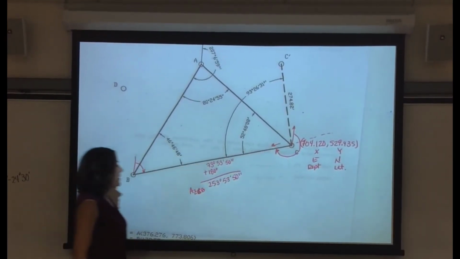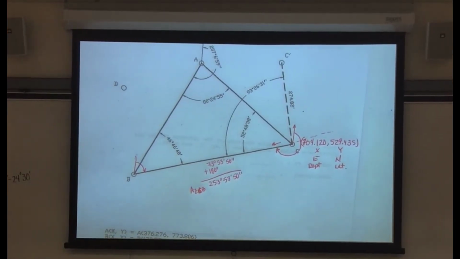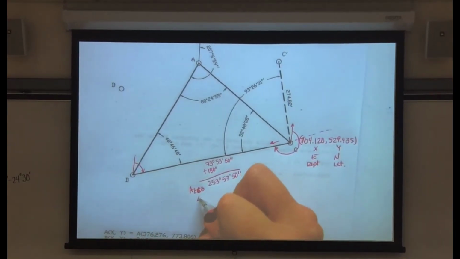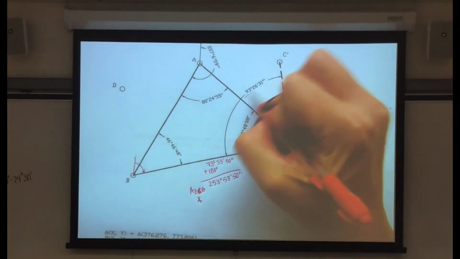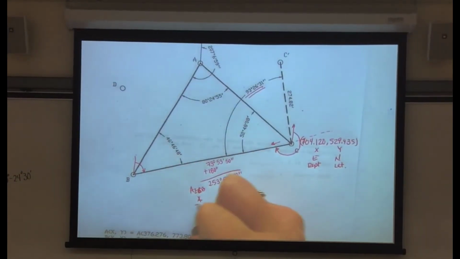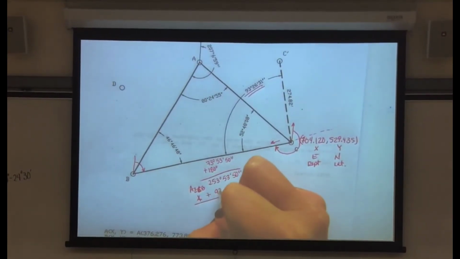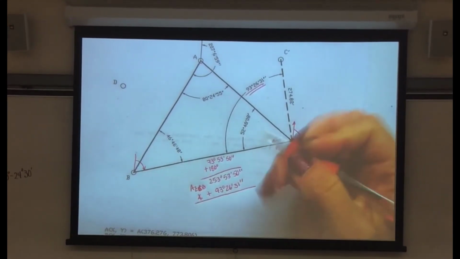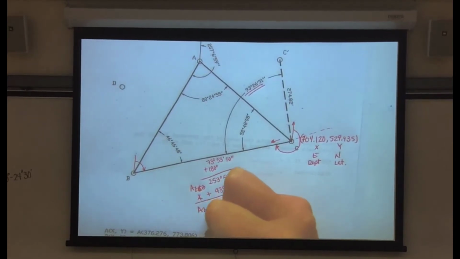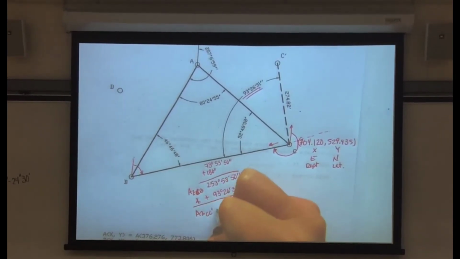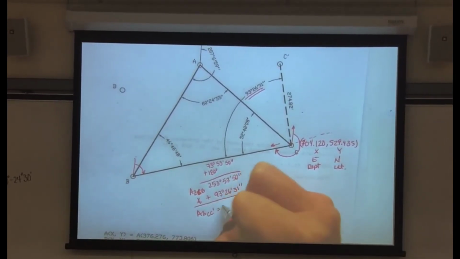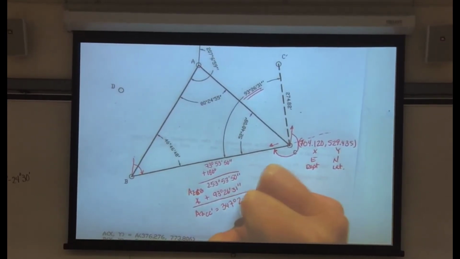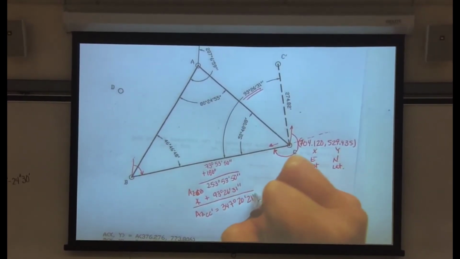Now, to get the azimuth to C prime, we have to add the angle here. So I'm going to add 93 degrees, 26 minutes, 31 seconds. When I do that, the azimuth from C to C prime is going to equal 347 degrees, 20 minutes, 21 seconds.